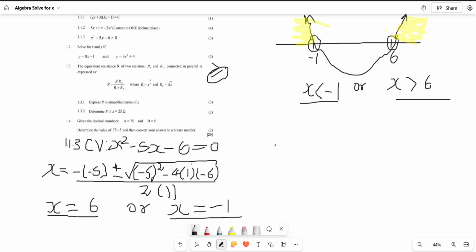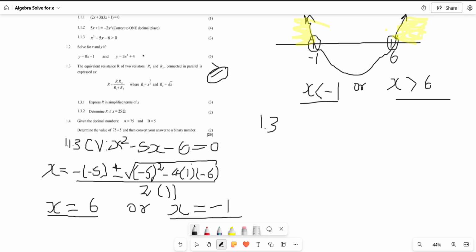Then 1.3. In 1.3, we are required to solve for x and y simultaneously, if y is equal to 8x minus 1 and y is equal to 3x squared plus 4. Now, from these two equations, this one is our linear equation.